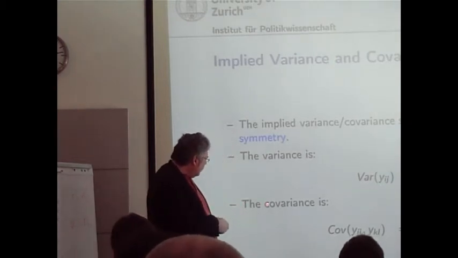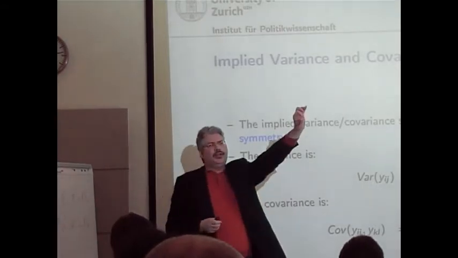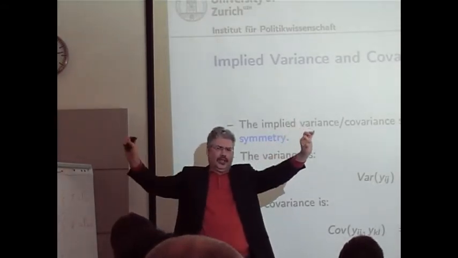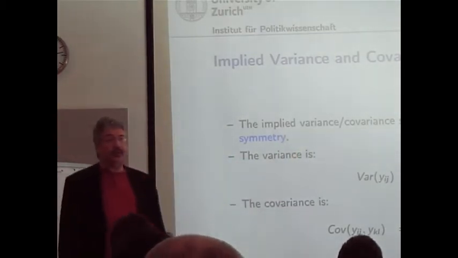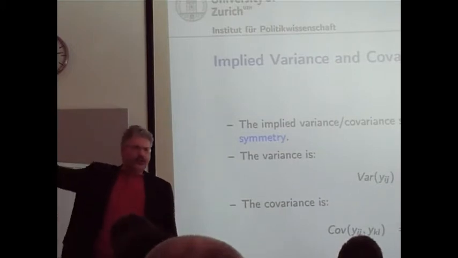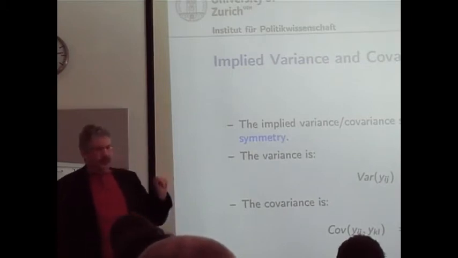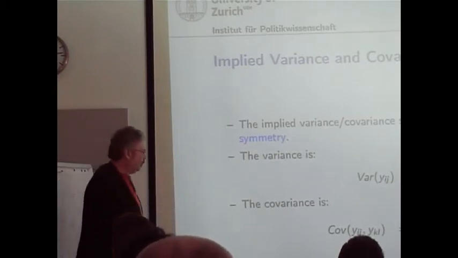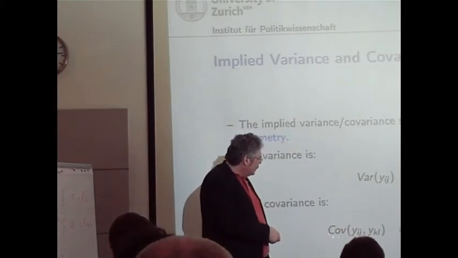Now the covariance. If I take two individuals who belong to different contexts, we assume their covariance to be 0. They're independent. So a German in my study and a Dutchman in my study have nothing in common. Two Germans do have something in common, and what they have in common we can compute with this covariance.